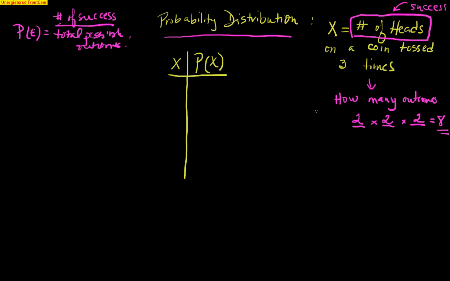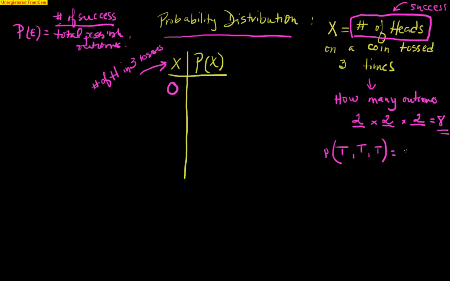One possibility is that we could toss the coin 3 times and get 0 heads. I'm going to do this over here in a table: x is the number of heads in 3 tosses of a coin. So one possibility is that we toss that coin 3 times and 0 of our outcomes are successes, meaning we get 0 heads. In other words, we must get a tail, followed by a tail, followed by another tail. What is the probability of that happening?